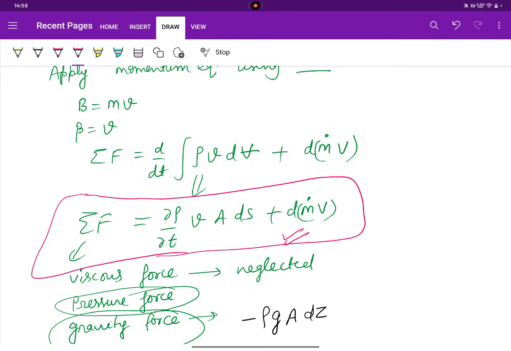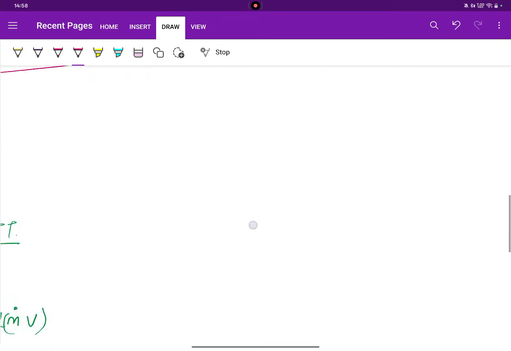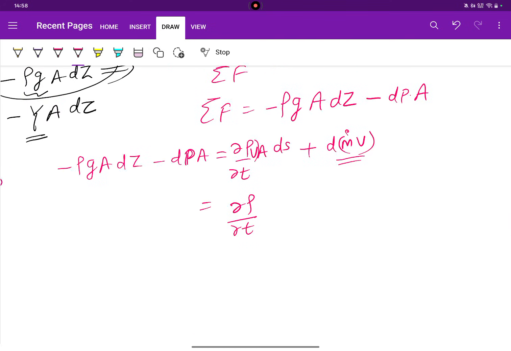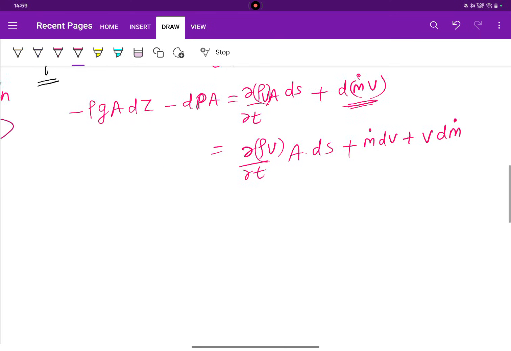This can be huge if you don't notice it. See, rho and v are both functions of s and time, right? Location and time, so they will have partial derivatives with respect to time and rho v. So this is rho v area into ds, plus, when you break these again, what you will get: m dot dv plus v dm dot.